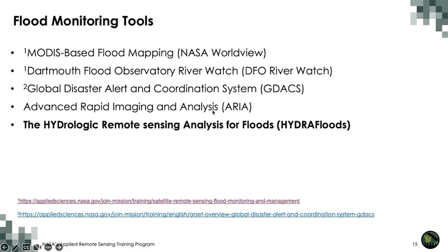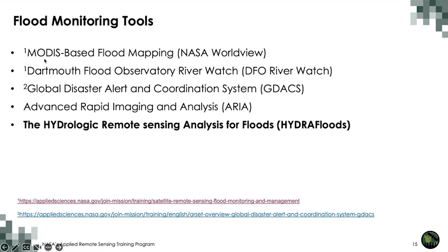Advanced Rapid Imaging and Analysis tool, ARIA, is a newer tool, and HydroFloods, we already talked about, is a new tool as well. So what we will do is talk briefly of what has changed in these three tools, briefly talk about ARIA, and focus more on HydroFloods, where Caroline is going to walk us through a case study, and so that helps us see how this tool can be adapted for our own region for flood monitoring based on observations.